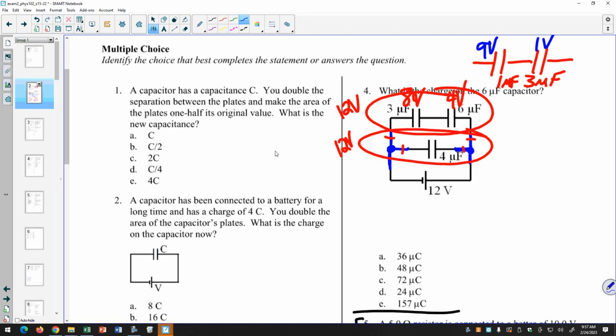Or what if I had not 1 and 3, but let's say 1 microfarad and 5 microfarads. I don't think this is on any of the tests, but what would that be? I have capacitors that are different by a factor of 5. Actually, does this work? Yeah, this works. What would these be?